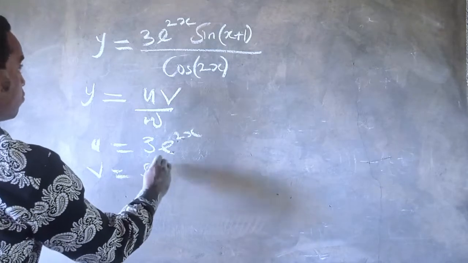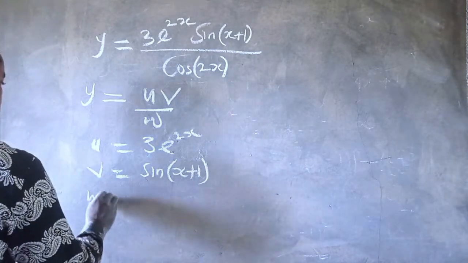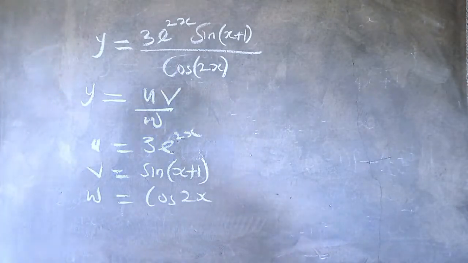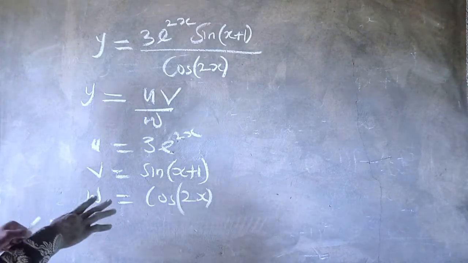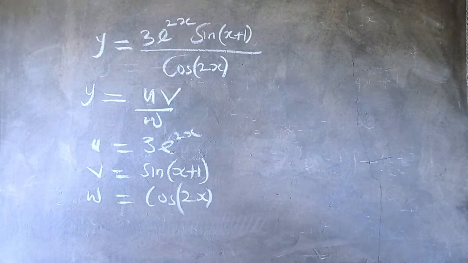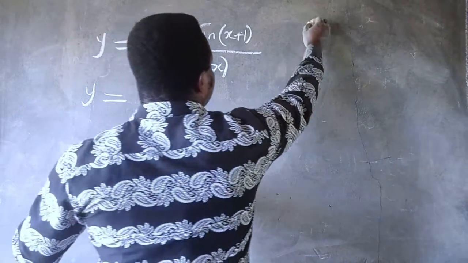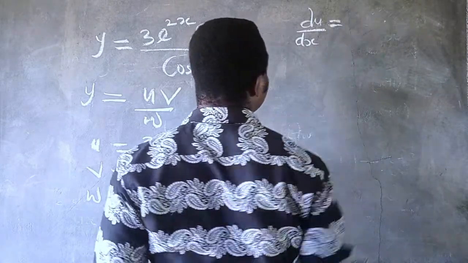But let's go on and obtain our u, our v, and our w. So our u is 3e to the 2x, our v is sine of (x plus 1), and our w is cos 2x. Okay, I think we should then get the derivative of each of those functions.